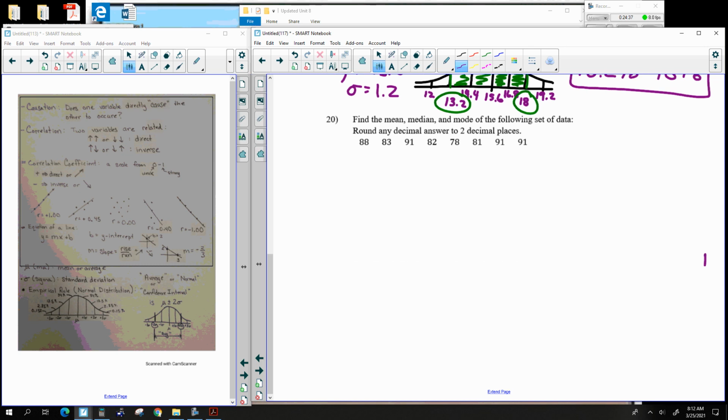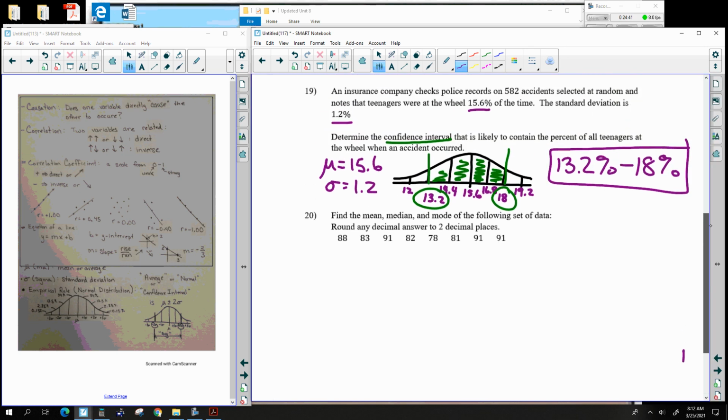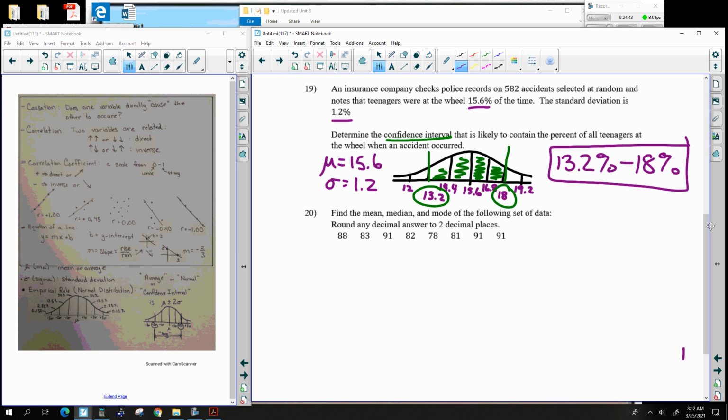Okay, last but not least, we are asked to find the mean, median, and mode of this data. The mean, median, and mode. All right, so the mean is where we add them all up and divide by the number of numbers. Actually, before I do this, I'm going to put these numbers in order.